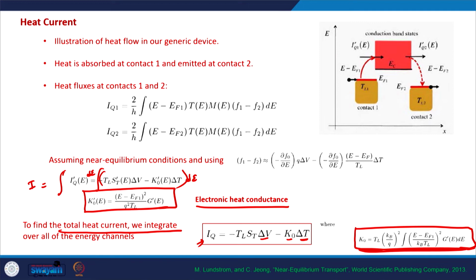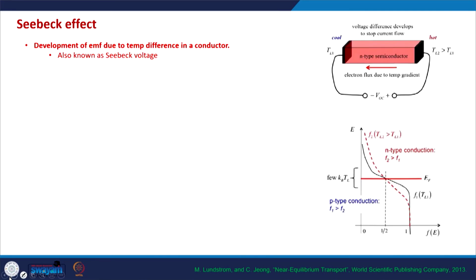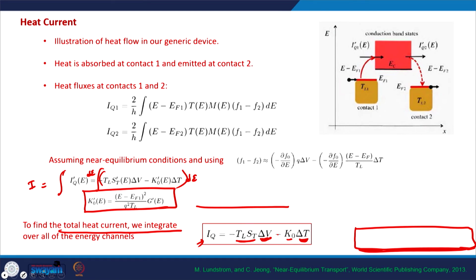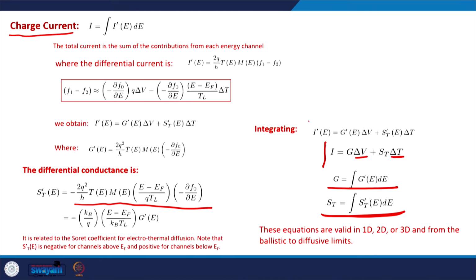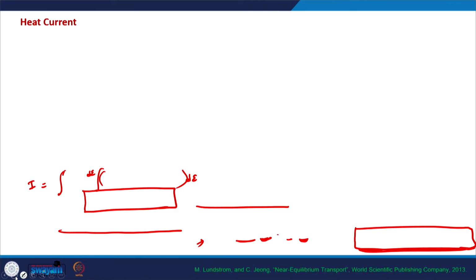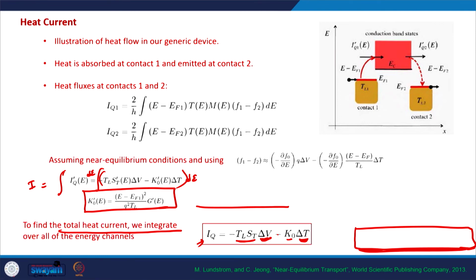As we have already discussed, the heat current is also dependent both on voltage difference and temperature difference, but there is a key distinction here: in heat current, IQ is minus TL times ST times delta V minus K naught times delta T. So, this ST appears with delta T in the case of charge current, if you recall, but it appears with delta V in the case of heat current.